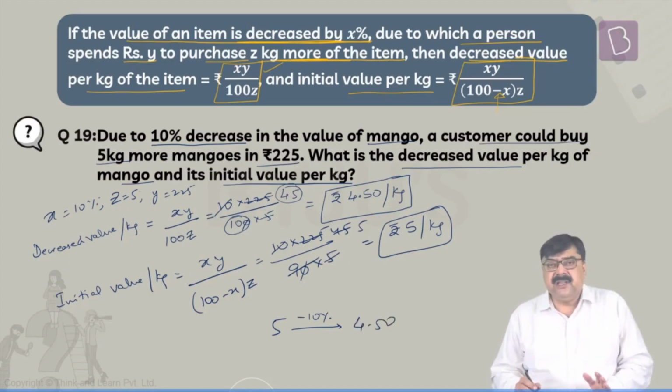Now, in case of reduction, you could have easily done one more thing. Once you have found out that the decreased value was 4.5, initial value you can also find out by dividing this 4.5 by 0.9 because there is a decrease of 10%. All right, so that also comes out to be 5.